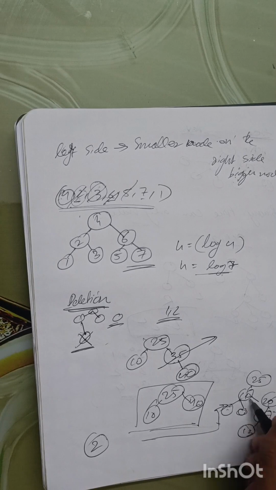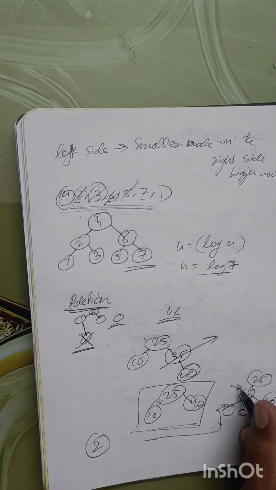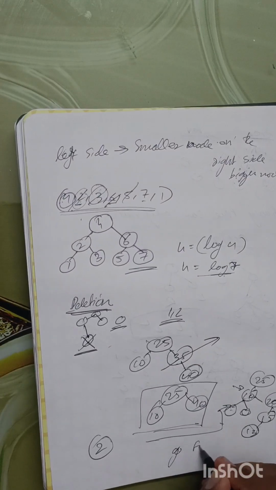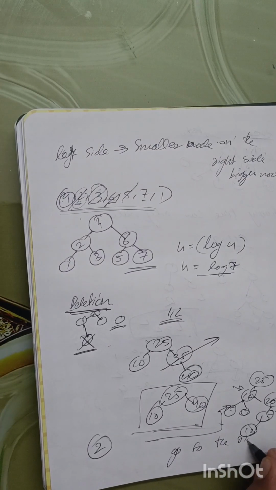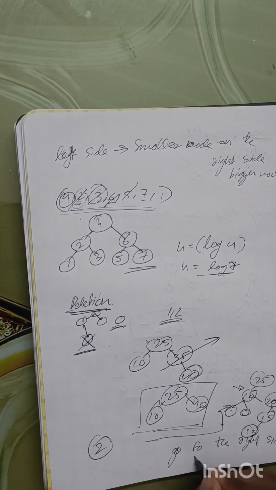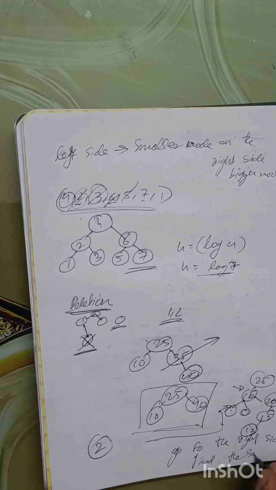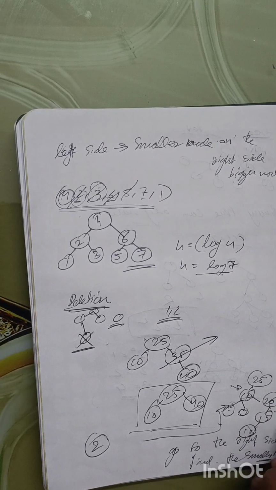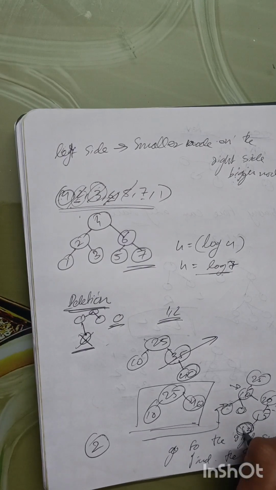If you want to delete this 10, what we do is go to the right side and find the smallest element. We found the smallest element, which is 13, and we replace it with 10.